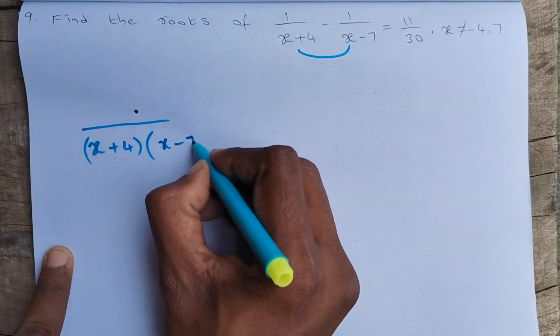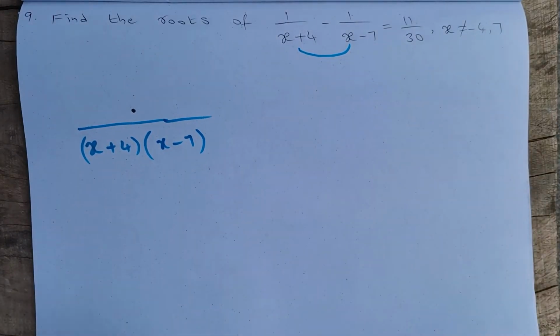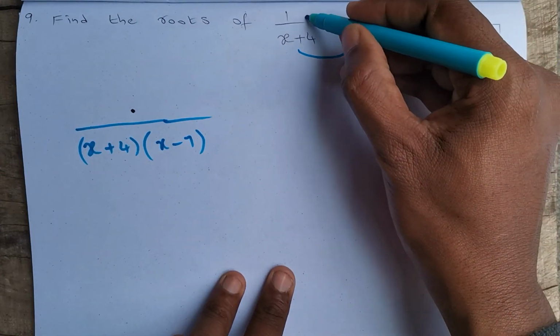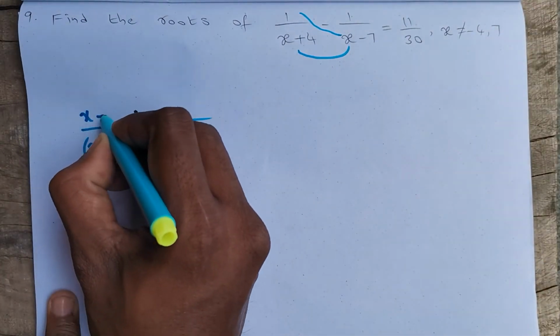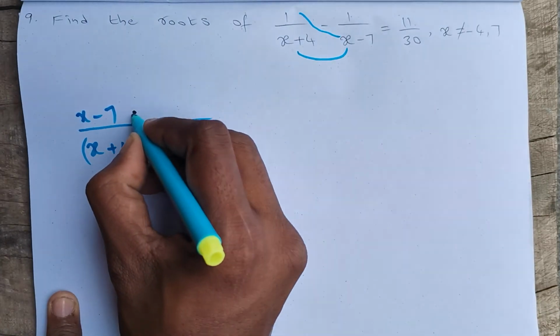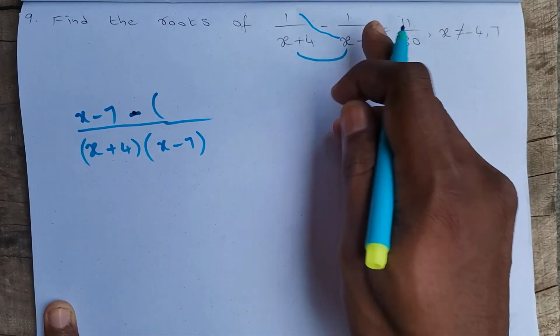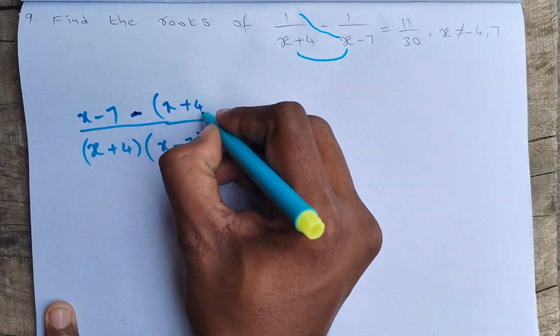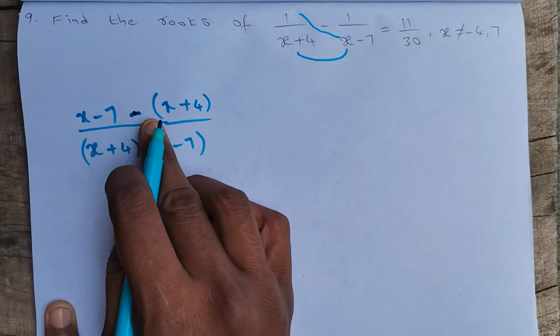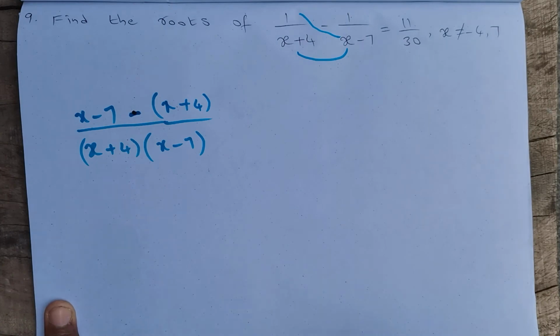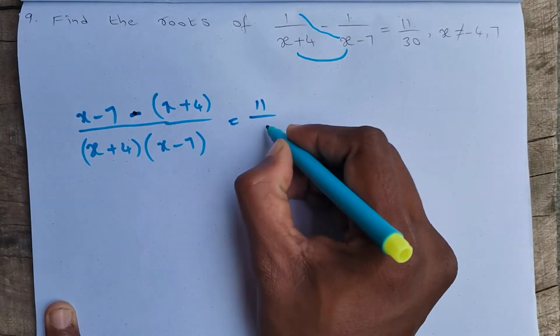Now cross multiply: (x minus 7) into 1, x minus 7. Here a minus symbol is there, so keep that minus symbol. After the minus symbol, open the bracket, (x plus 4) into 1, x plus 4. Here two terms are there, so that's why the bracket is compulsory. Is equal to 11 divided by 30.